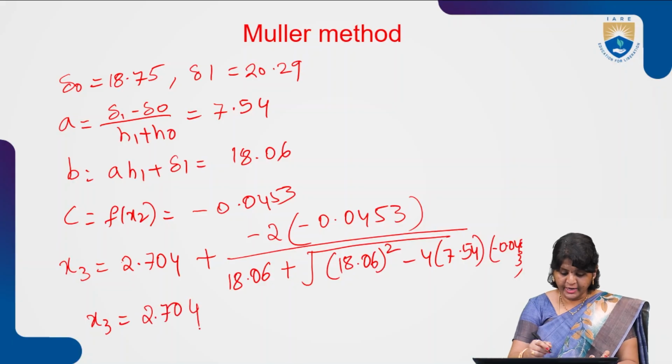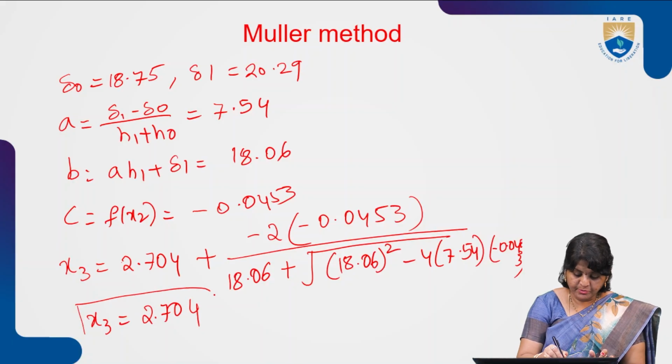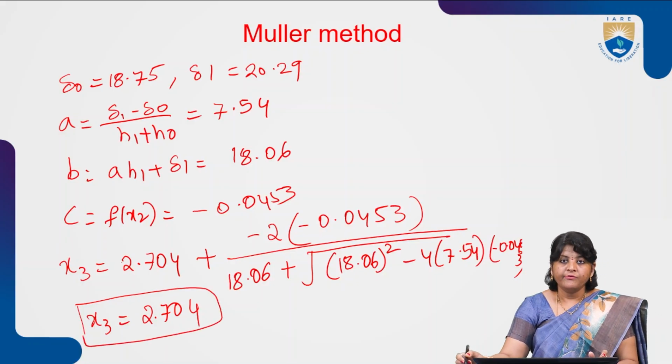2.704. If you observe carefully, up to 3 decimals, for both the first iteration and the second iteration, we got 2.704.